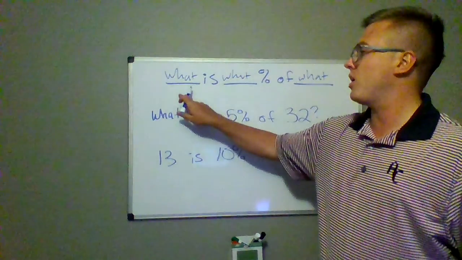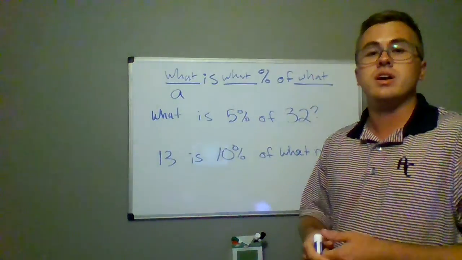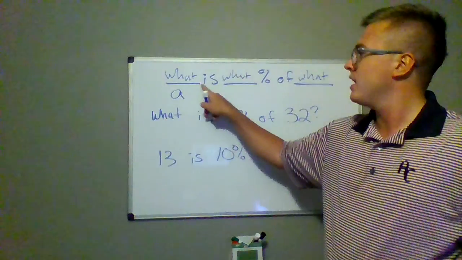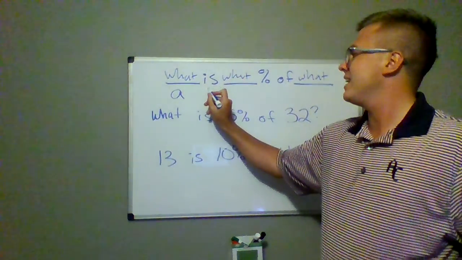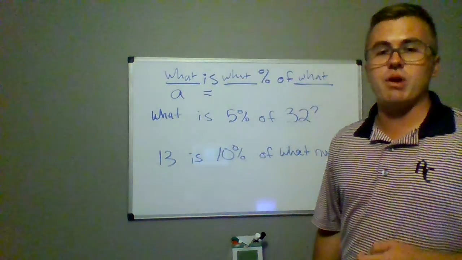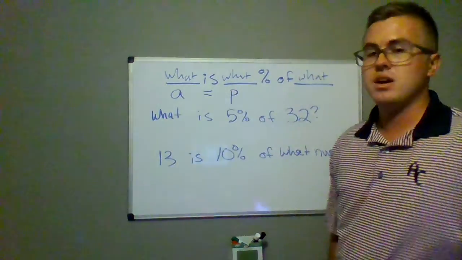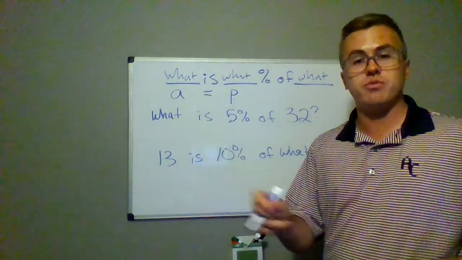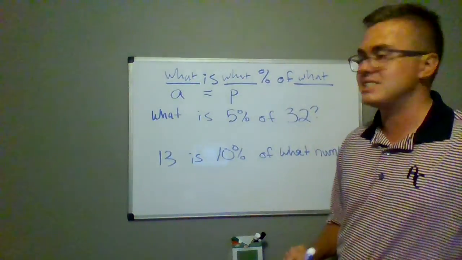Whatever comes here, there's going to be a number there, or you're not going to know what's there. So let's just leave it as A. A is. What does "is" translate to? That should be equals. What percent? I'm going to call it P. But remember, when it gives you the actual percentage, you have to convert that to a decimal, so you have to move it 2 decimal places to the left.